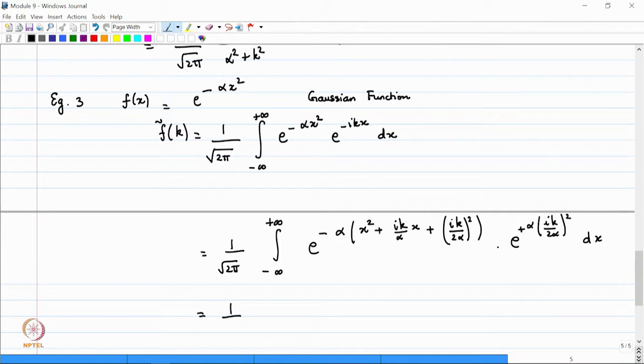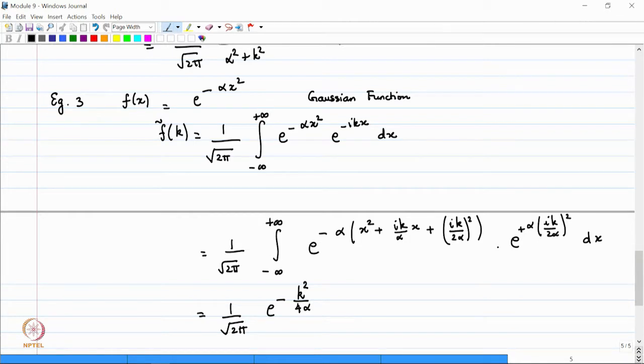So, I get 1 over square root of 2 pi, and so I get e to the minus alpha k square by 4 alpha. Okay.